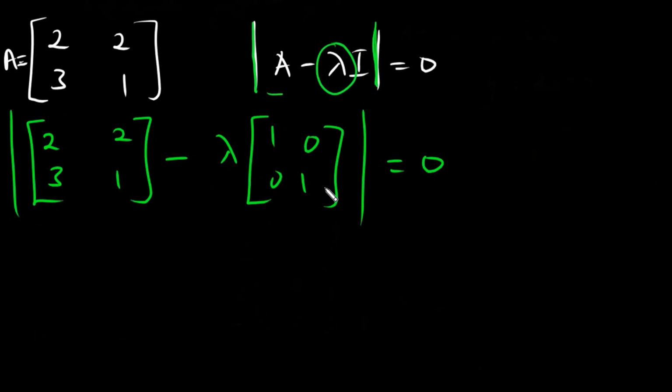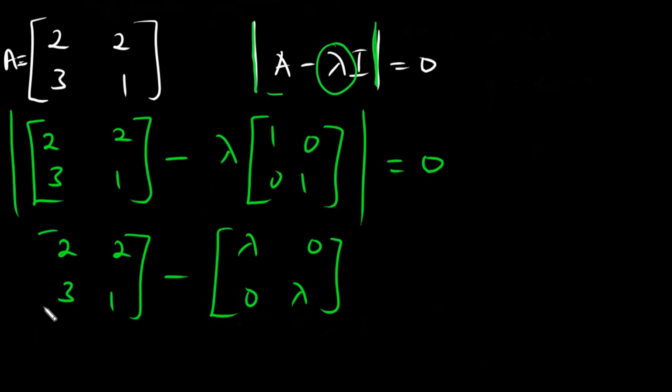Lambda is a scalar, and we are going to treat it as a scalar. So when we multiply this, it's going to be lambda, 0, 0, lambda. And then we subtract that from matrix A, which is 2, 2, 3, 1, and still we are finding the determinant of this whole thing, and we should get 0.